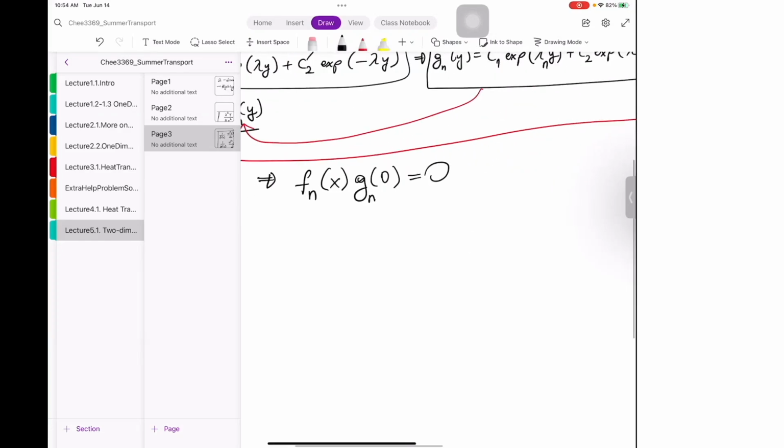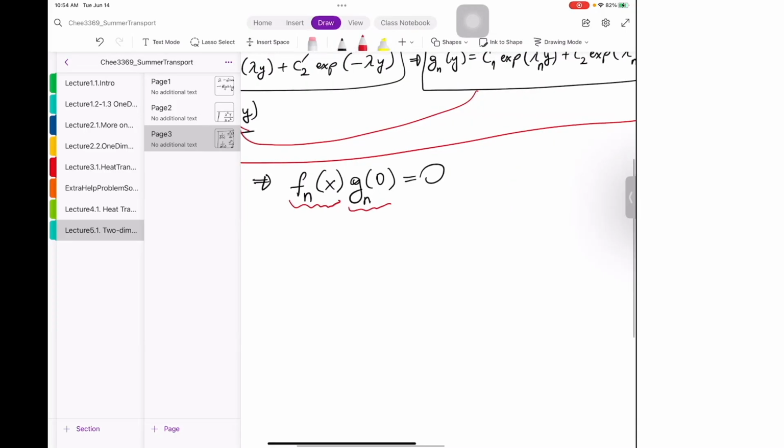And from here, you realize that this should change with x, but this is a constant number. So you would be so surprised if this f_n is 0. So probably this g_n is 0, right? Because you have a multiplication of two numbers which is equal to 0. So one of them must be 0. Either this one is 0 and or this one is 0, right?